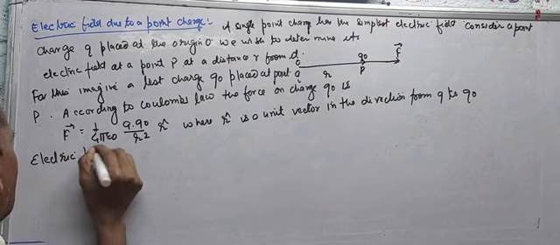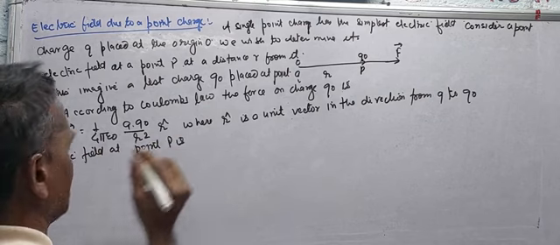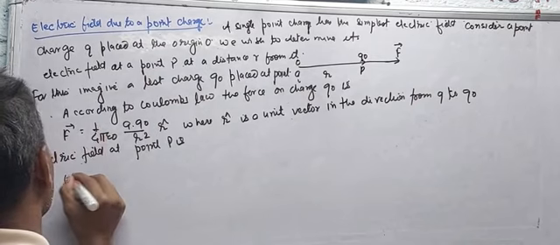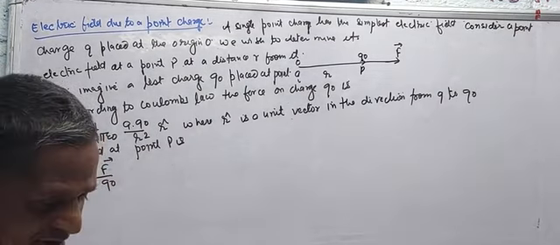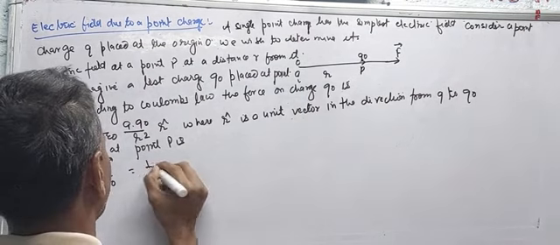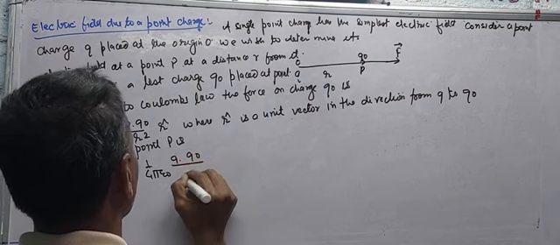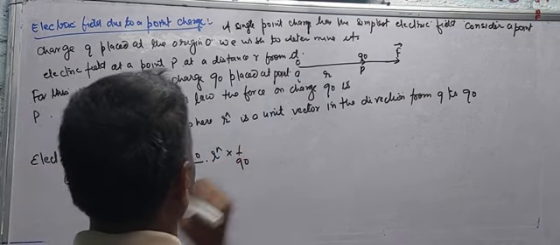The electric field at point P is E vector equal to F vector upon q naught, which becomes 1 upon 4 pi epsilon naught, q into q naught upon r square into r cap, into 1 upon q naught.